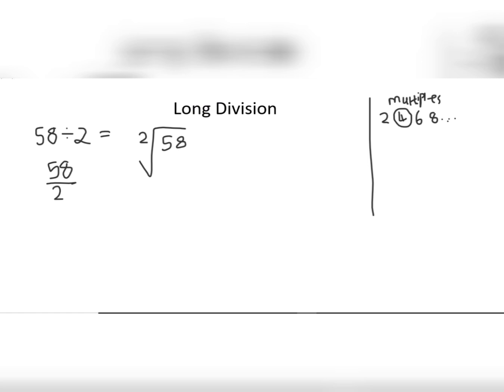So that means 2 goes into 5 two times, because 2 times 2 is 4. When you do 2 goes into 5, you don't need to bother yourself about the remainder. Just know how many times it can go. So 2 times 2 is 4.